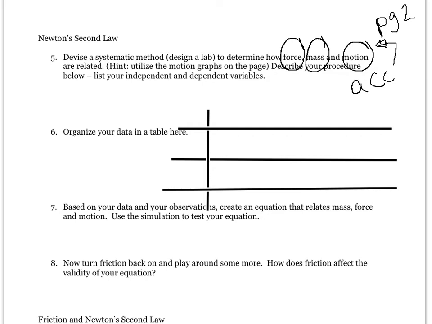So I could put the mass here, and I might say dog, or I think it's a file cabinet. Those have different masses, and then you can find out what the acceleration is if the force stays constant.